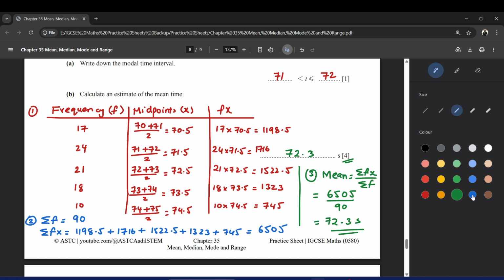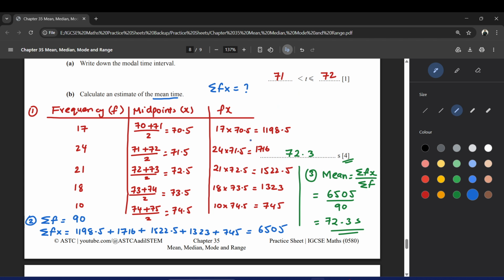So what they can do is maybe they might give you the mean time, and they might ask you what is sigma fx. Okay, so in that case, you already know the mean, you already know the sigma f, you can work this out. All right, or maybe they give you sigma f, sigma fx, right?